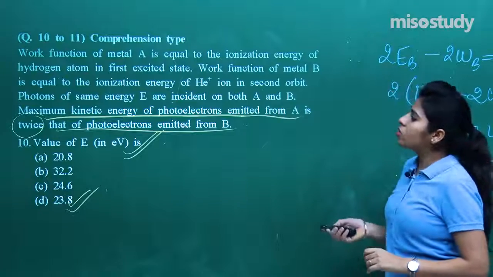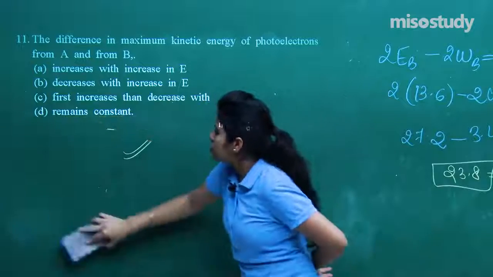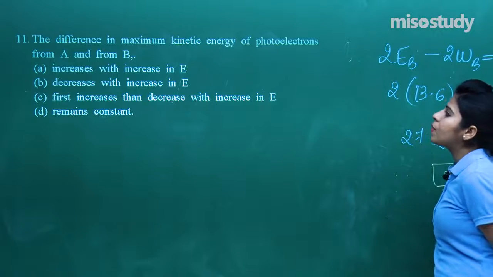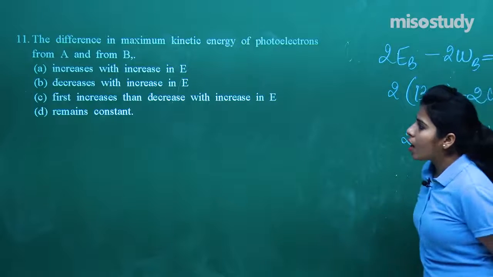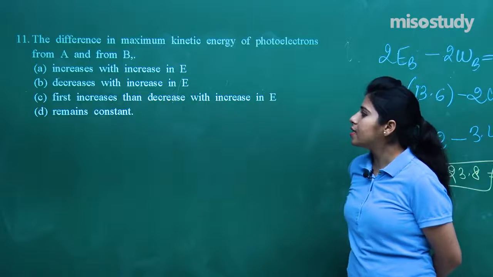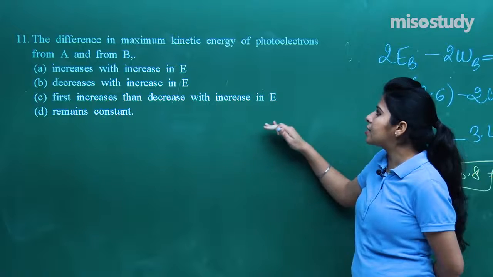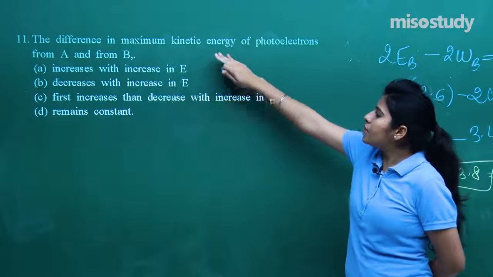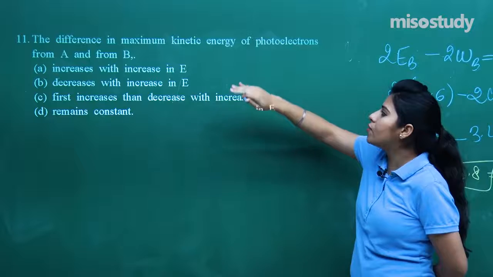The question will be: the difference in maximum kinetic energy of photoelectrons from A and from B. We have to tell whether there will be increase with the increase in E, decrease with the increase in E, first increase then decrease with the increase in E, or it will remain constant.